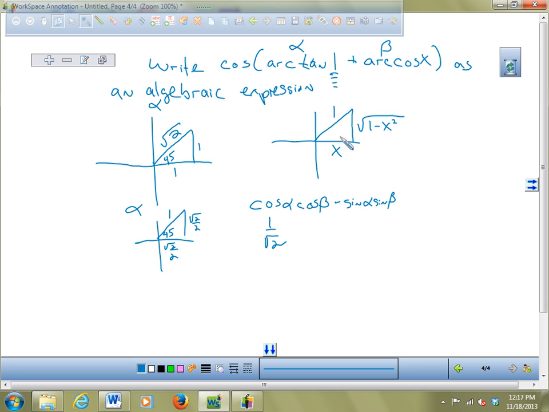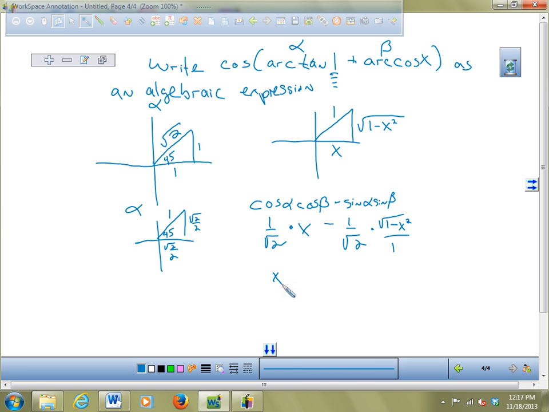Cosine of beta, they give me, right? Cosine of beta is x over 1, that's just x. Minus sine of alpha, which is 1 over root 2, times the sine of beta, which is the square root of 1 minus x squared over 1, right? Opposite over hypotenuse. And then I just simplify it a little bit.